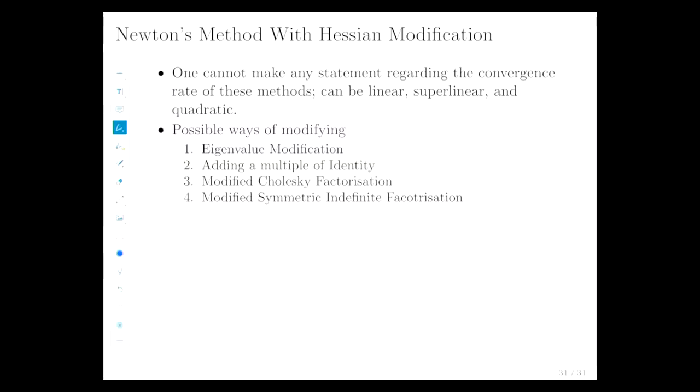There are other ways of modifying the Hessian as well, or the inverse of the Hessian. As I said, eigenvalue modification is the easiest one to see because we are just shifting everything by some multiple of identity. But we can use these sorts of factorization techniques as well.